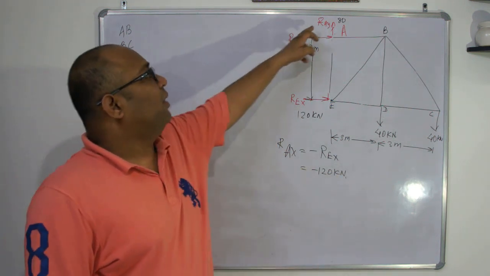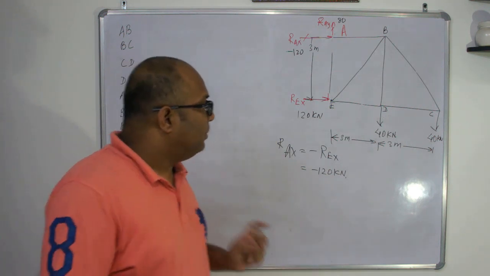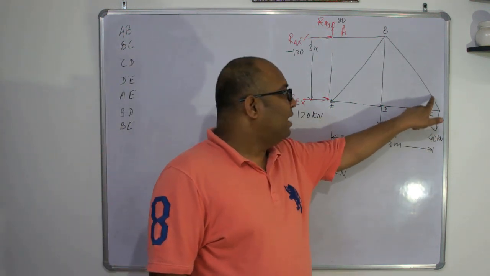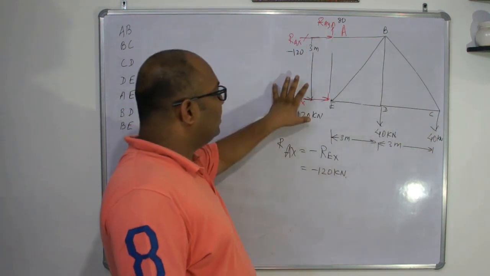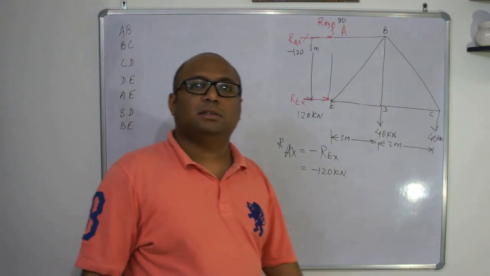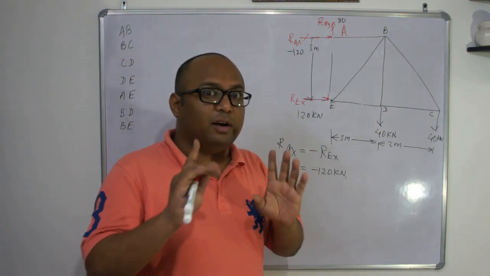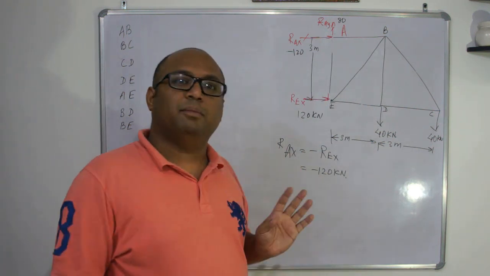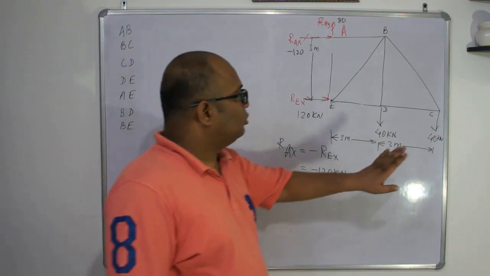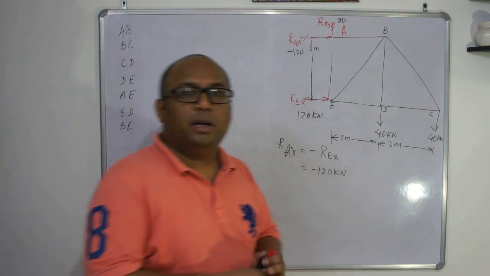Is it necessary to find reaction? No. Because if we start from joint C, I have a situation where I don't need to find the reaction, still I will be able to find the force in members of the truss. See, very fundamental thing. You could have saved 5 or 10 minutes time for finding reaction. So I am starting from joint C.